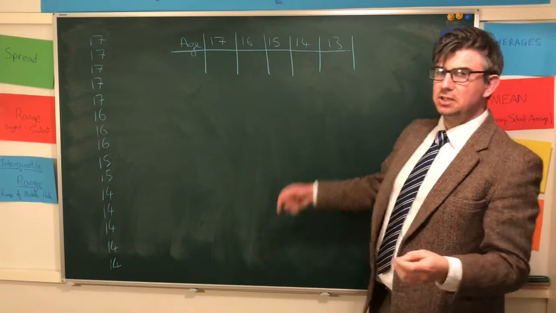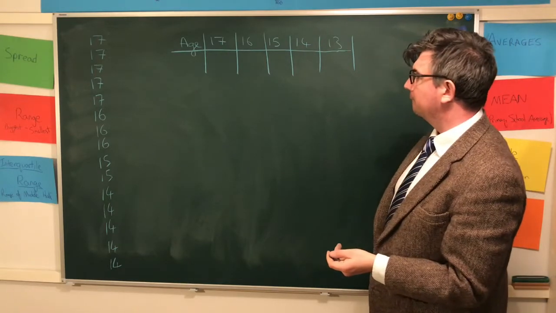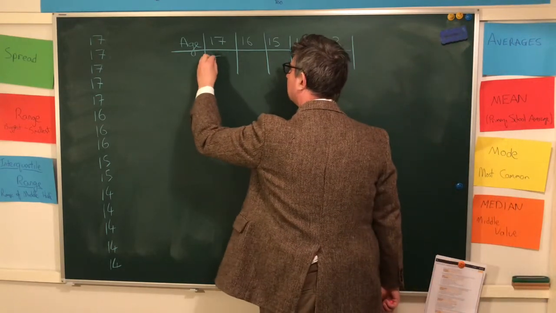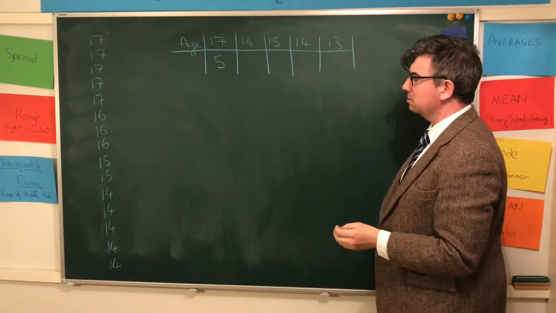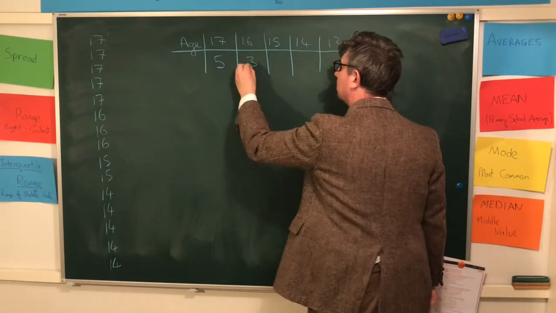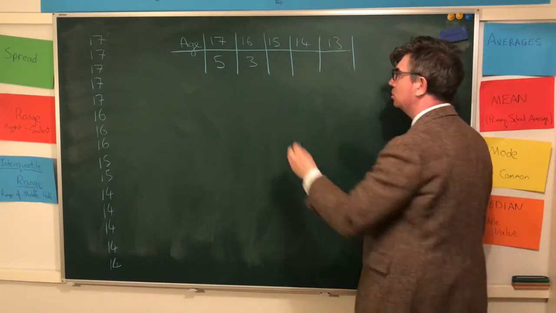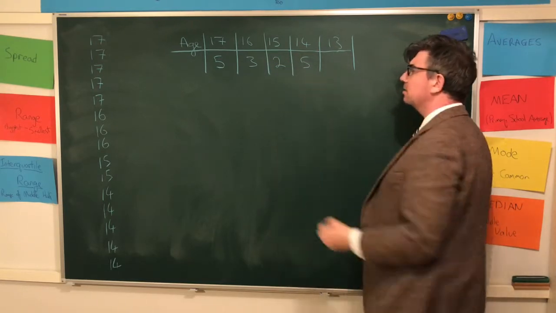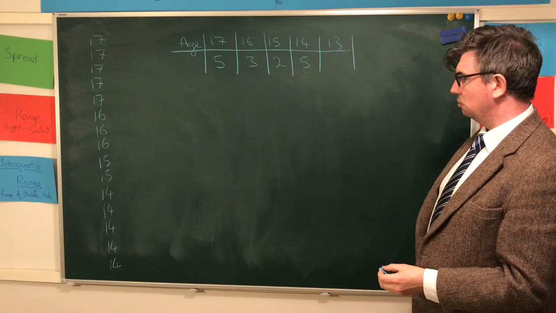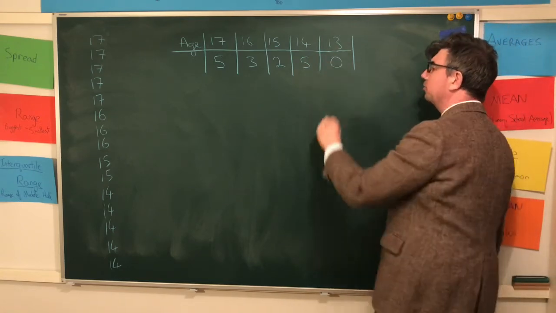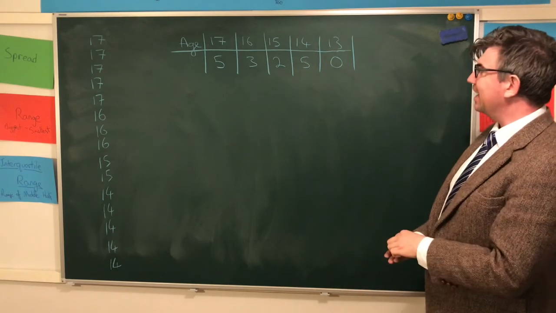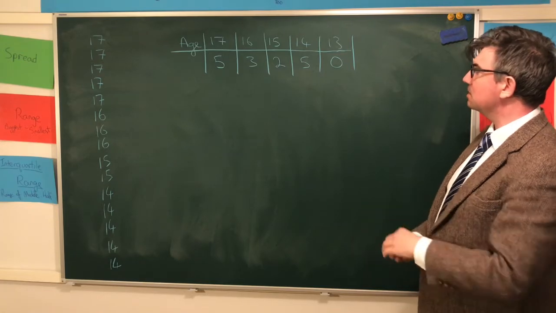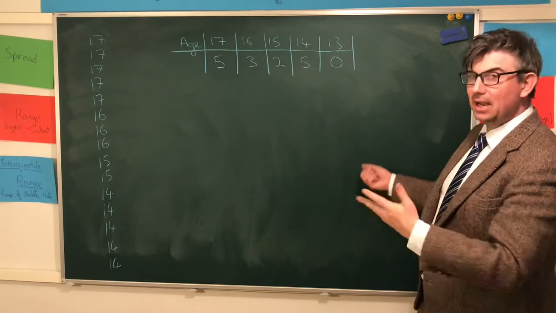And how many 17-year-olds do we have? I'm going to put a 5 in there. How many 16-year-olds do we have? 3. How many 15-year-olds do we have? 2. 14-year-olds? 5. How many 13-year-olds do we have? 0. Perfectly good number. Nothing wrong with that as a number. And that's pretty much it. If you get that, you get the topic.